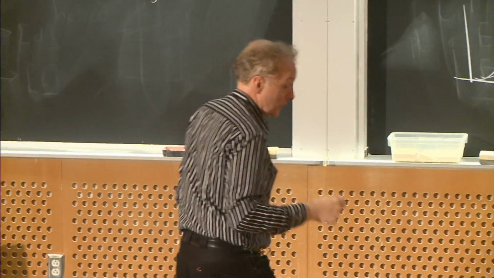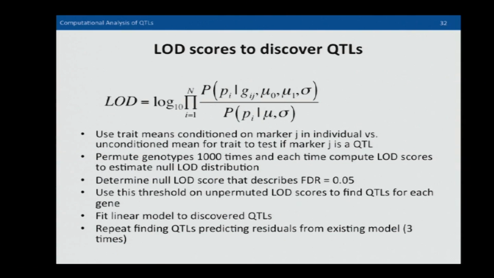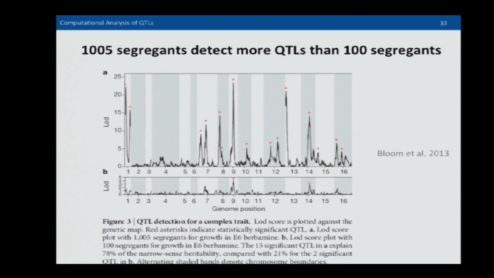Okay. So let's see what happens when you do this. What happens is that if you look down the genome, you discover a collection, for example, this is growth in E6 bermamine, and you can see the significant locations in the genome, the numbers 1 through 16 of the chromosomes, and the little red asterisks above the peaks indicate that that was a significant log score.